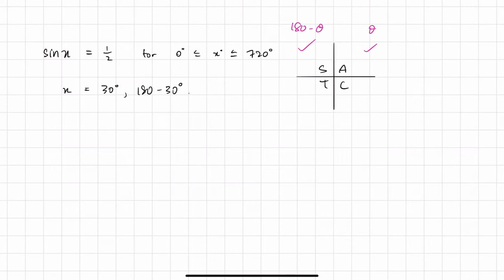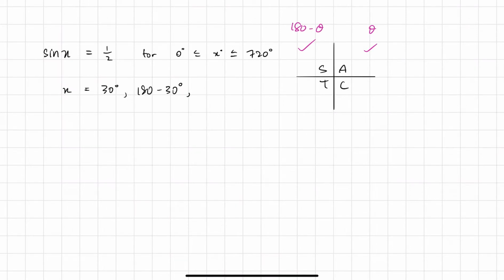So this is how we would normally calculate it. But since we have an extra 360 degrees, like we have another full turn, all we need to do is just add 360 degrees to the two answers that we already have. Okay, add 360 and add 360.